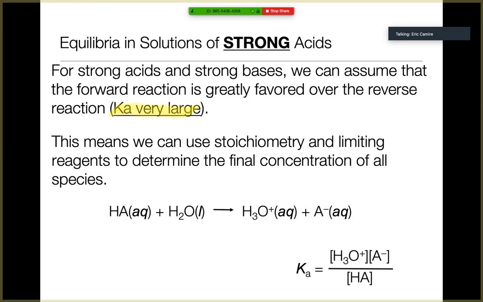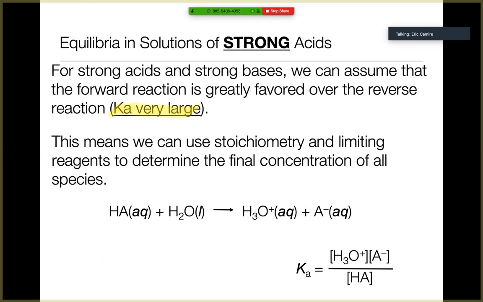A Ka is just another one of those equilibrium constants that get a special subscript. We've already seen Kc, Kw, and Kp. The subscript is just telling you what you're dealing with. Ka means I'm dealing with an acid. Eventually, we'll get to bases and we'll deal with Kb, which will be the equilibrium constant for a base.